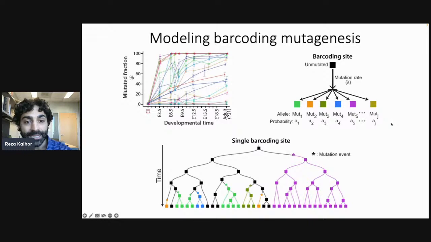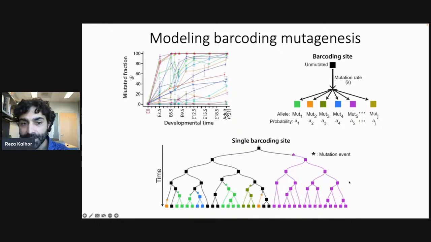So in this model, if you have a phylogenetic tree, you can basically start the barcoding site as unmutated here and simulate as it goes down the phylogenetic tree. And once a mutation happens, for instance here, everything downstream gets that mutation. This is just one barcoding site. And we estimated these various parameters from the data, and we validated that our parameters basically recapture what the data has.